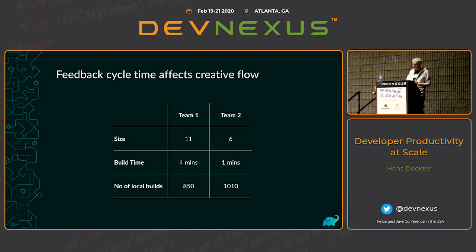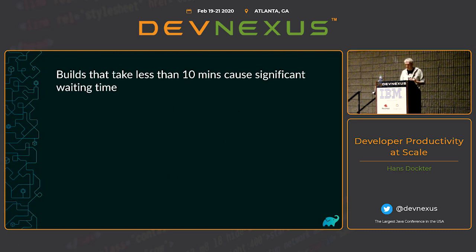And then obviously there's another big effect. It's not just my creative flow that is affected by that. It's pure waiting time that is induced by this. There are various studies around that. When a developer waits for something that takes less than 10 minutes, then they very often don't do any context switching.